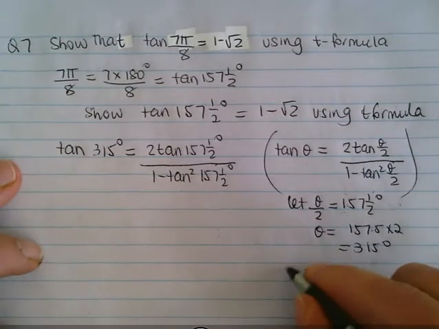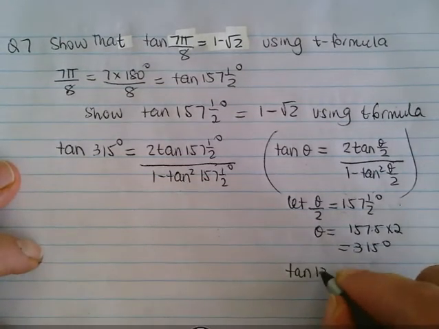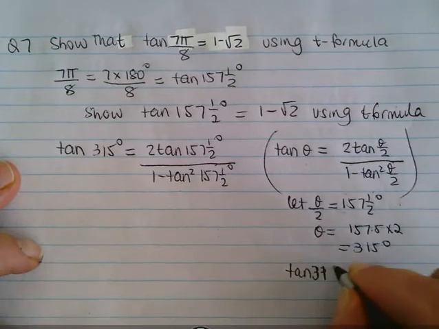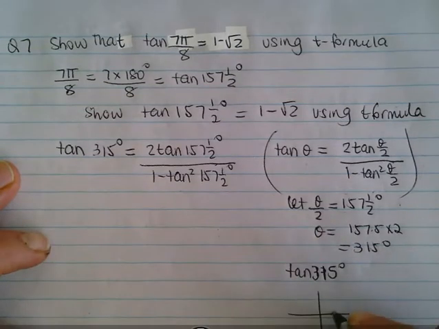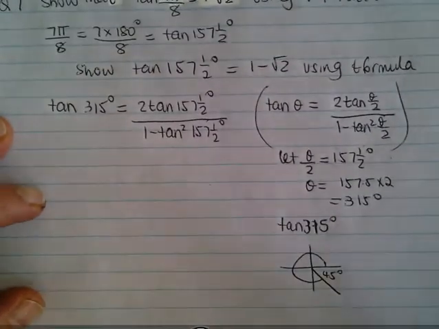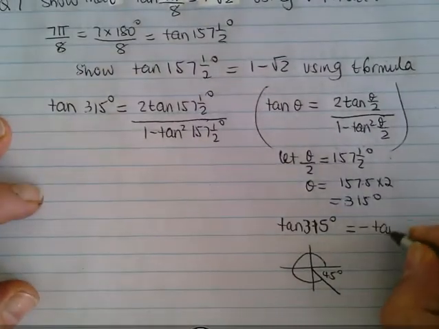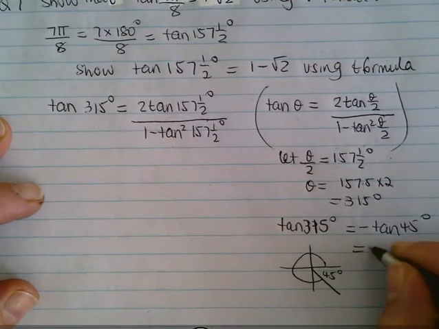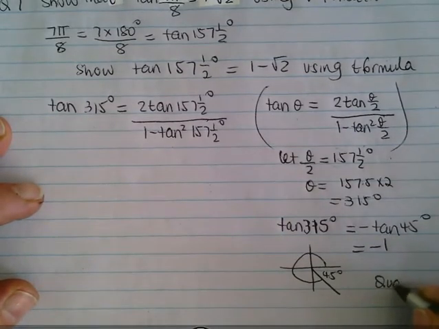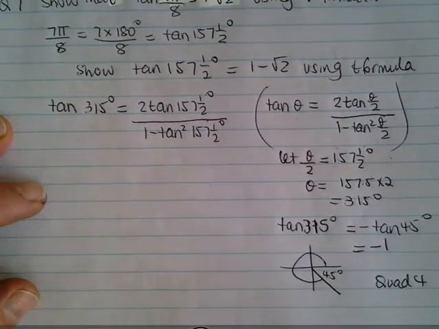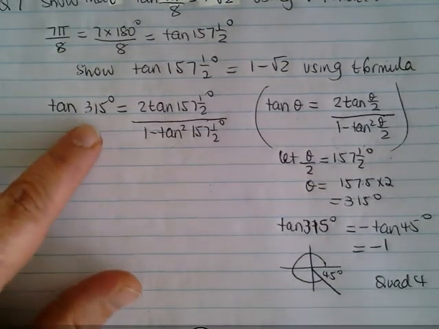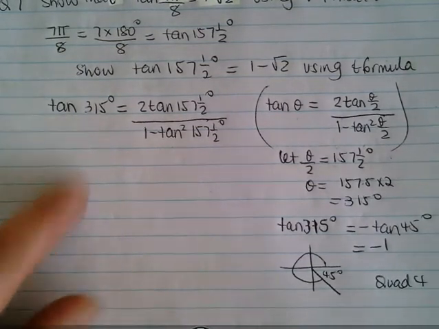Because I know, and I'm just going to do it over here, that tan of 315 is quadrant 4. It equals negative tan 45, which is negative 1. It's quadrant 4. So now I can just write tan 315 is negative 1.